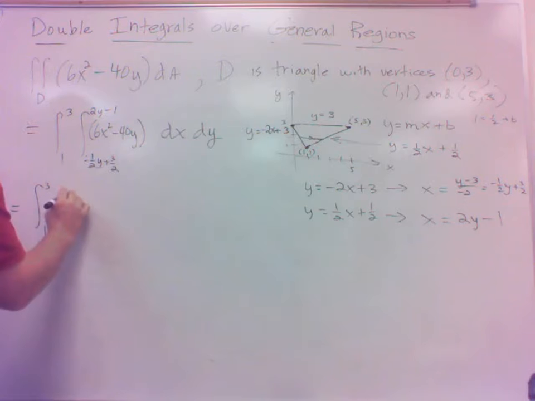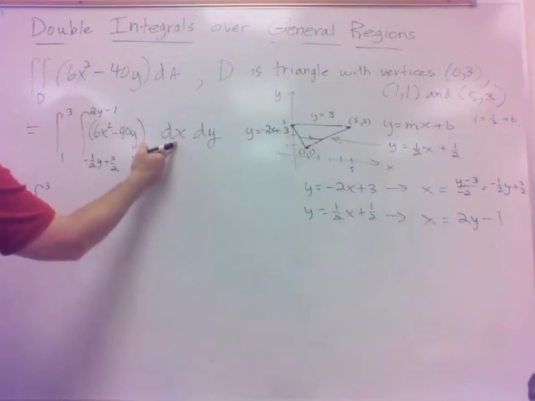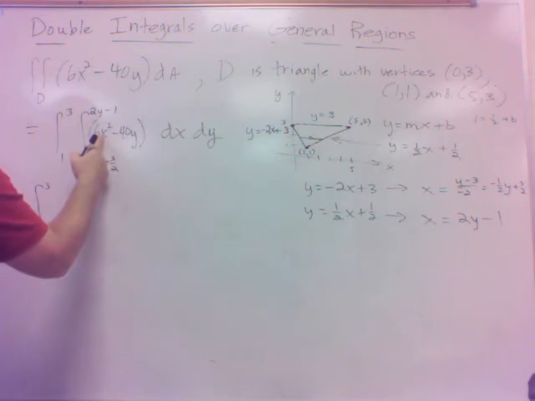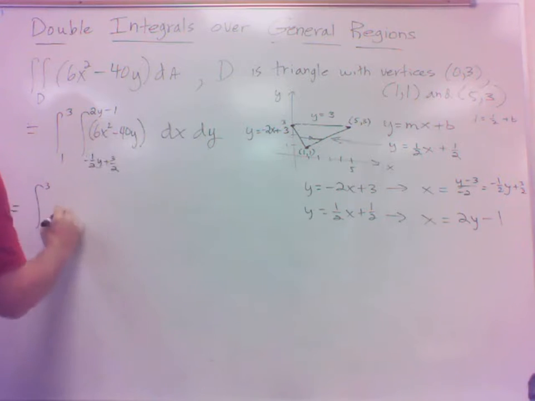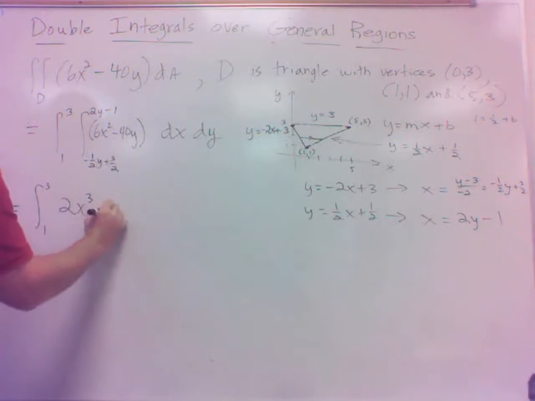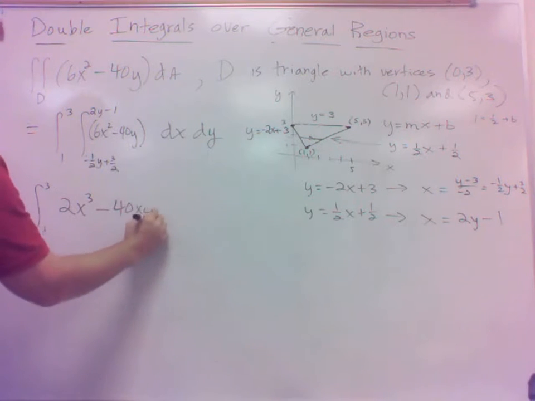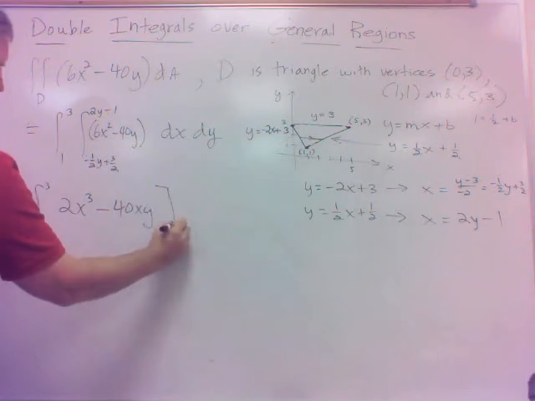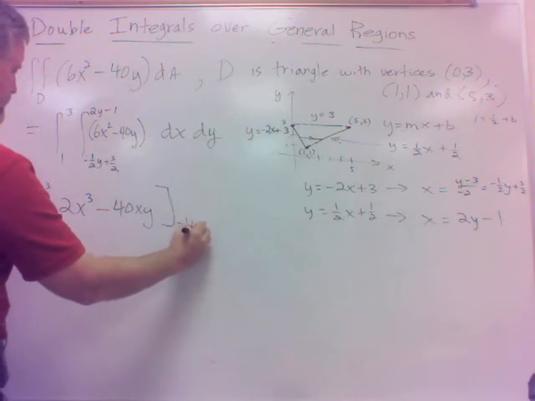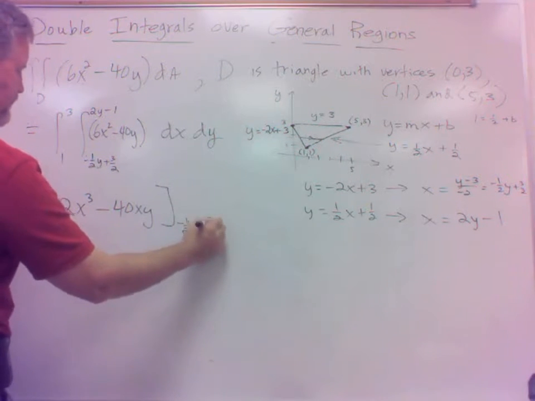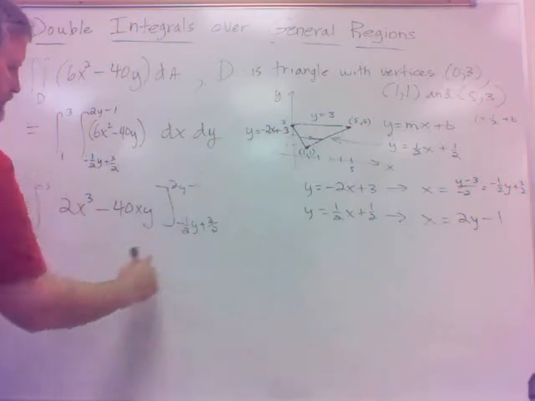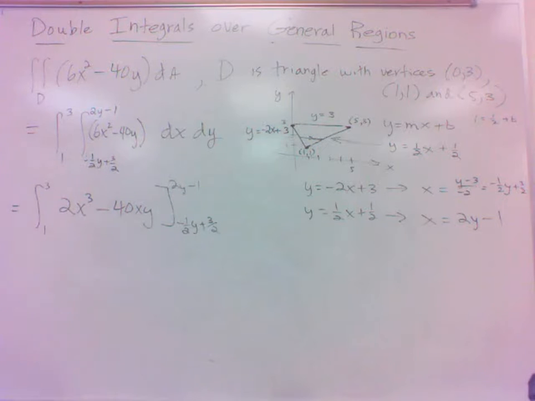Okay, so that would be doing with respect to x here, so that would be x cubed, so it would be 2x cubed minus 40xy. And we're evaluating that for x equals 2y minus 1, upper limit to negative 1/2 y plus 3/2.